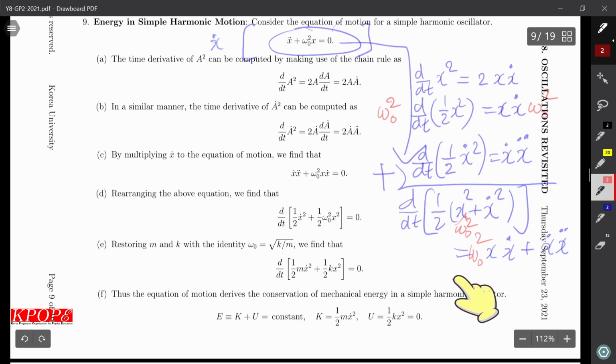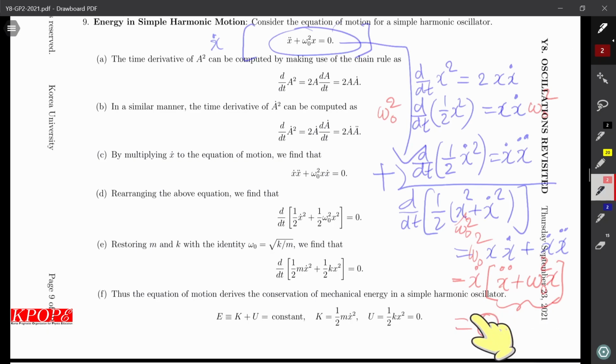And what we will find is x dot times the equation of motion, so this is 0.